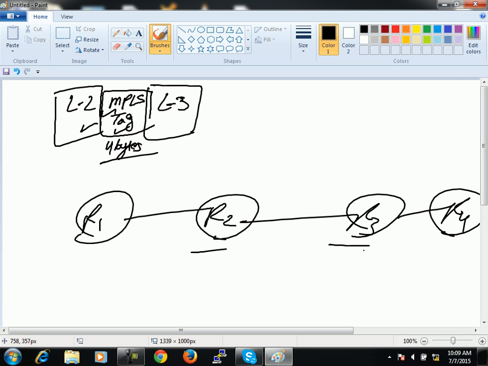Second, after implementation of MPLS, your core can become a BGP free core. You will not require to run BGP on all core routers. Just configure BGP only on edge routers. With the help of MPLS, routers can switch your packet even if they do not have the destination prefix available in their routing table.